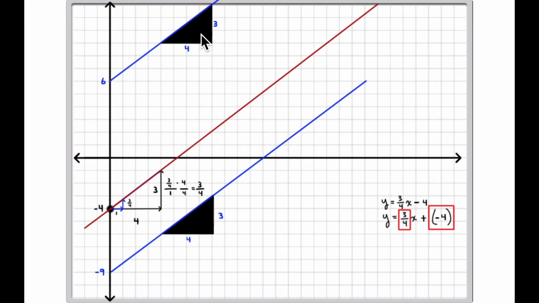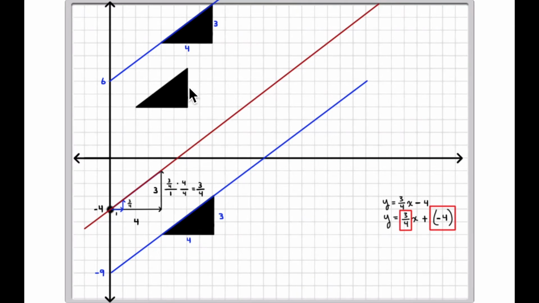I'm going to take that same slope triangle. The reason for the slope triangle is that it fixes the slope to be 3/4: 4 units along the x-axis, 3 units along the y-axis. Now I'm going to slide that slope triangle down a little bit, but also in 2 units. So this is now only 2 units from the y-axis.